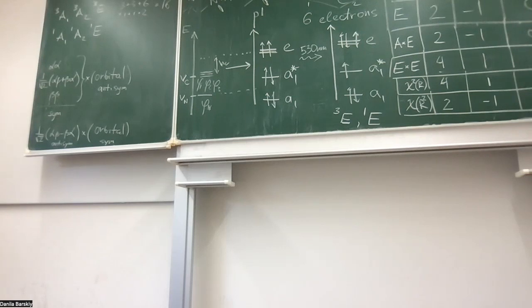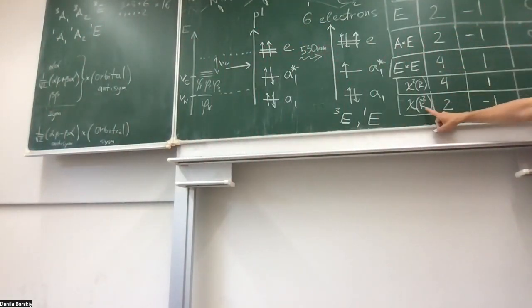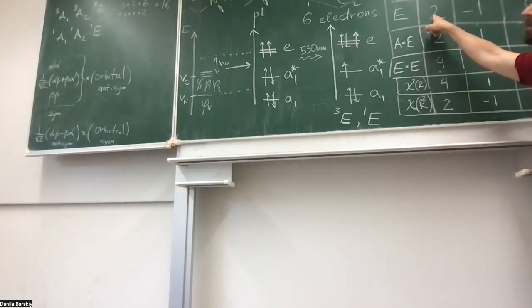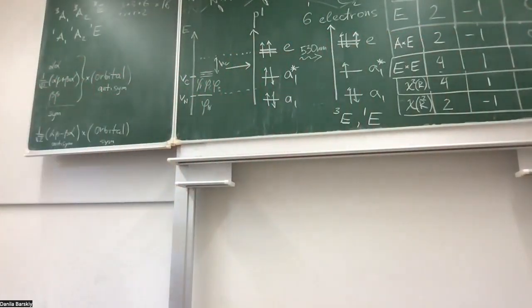Why was the character of 3σv squared 2? Because σv squared is E, and the character of E is 2.